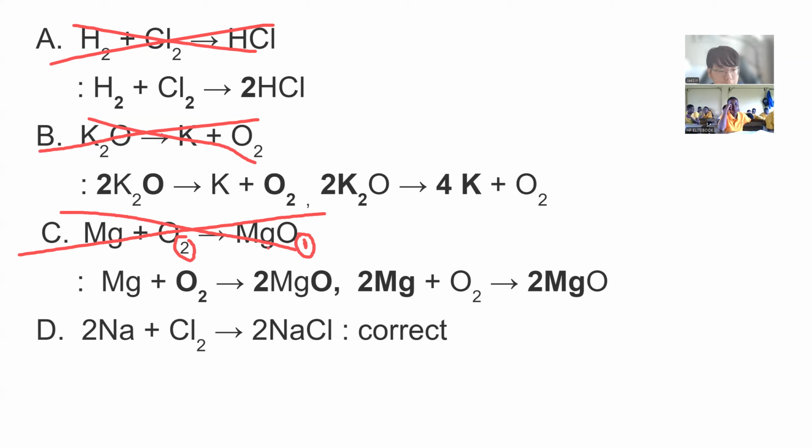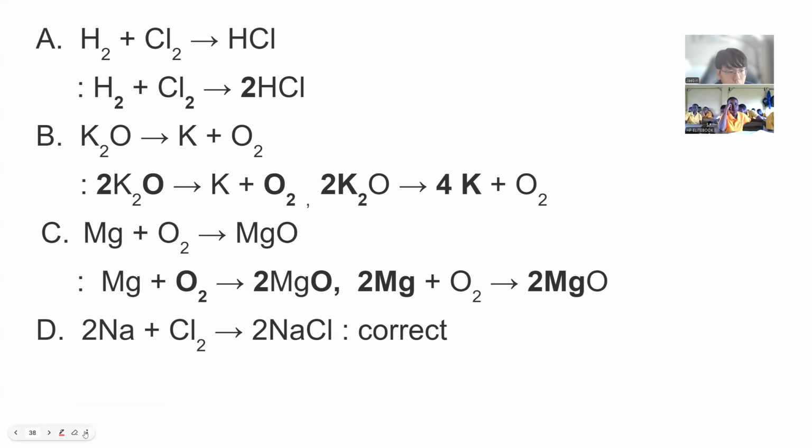To balance this, what do we need to do? We can actually multiply the right side by 2. This becomes 2MgO. This balances the oxygen, but this does not balance the magnesium because we have 2 magnesium on the right side and 1 on the left side. If you look at it at this step, what we can do is multiply the magnesium by 2 again.